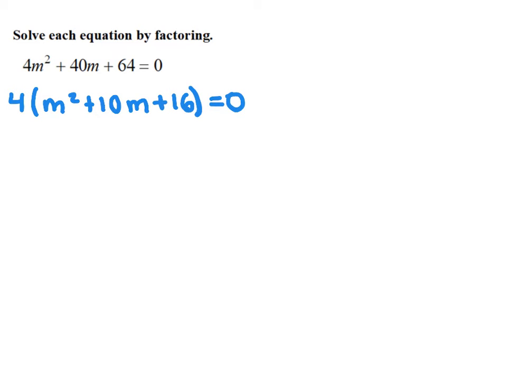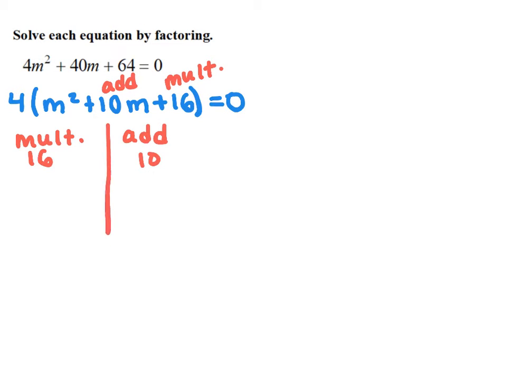Now I want to find two numbers that multiply to positive 16 and add to 10. So I can set up my chart. They multiply to 16 and add to 10. Since 16 is positive, they're going to be both positive or both negative.